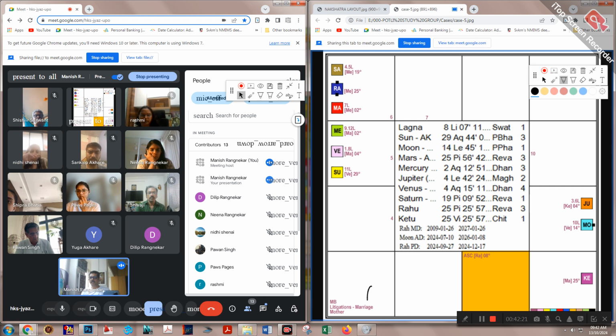So here I've written there are 3 things. Marriage we saw just now. Now one very important thing in this is that we need to see the Badhak lord also. Very important. So can somebody tell me for this ascendant, who is the Badhak? Shishi, can you tell me?